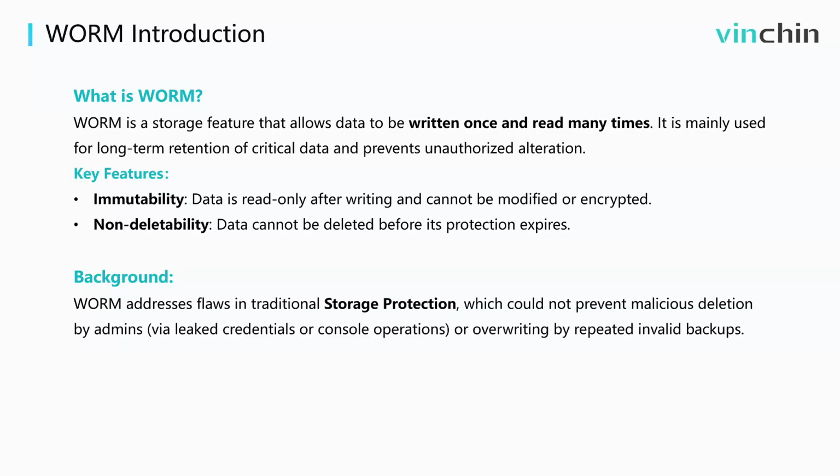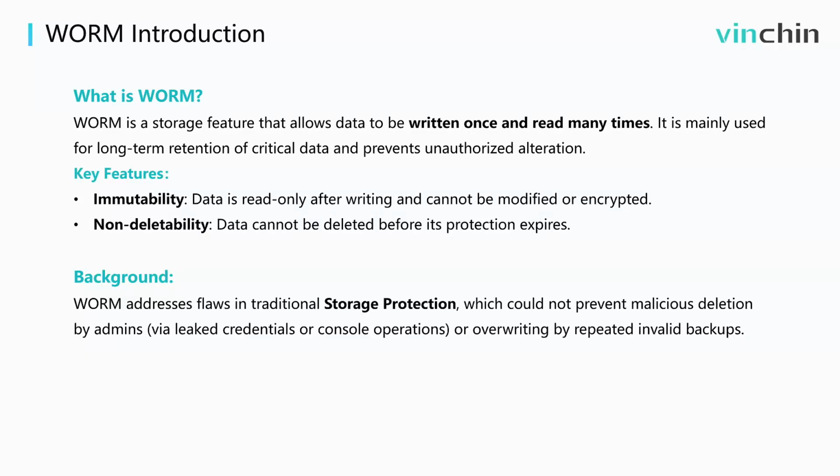But if you enable the ransomware protection, it will protect the Vinchin system from the backend. That means no one can attack your system from the backend. That is the difference. So let's continue to discuss WORM.